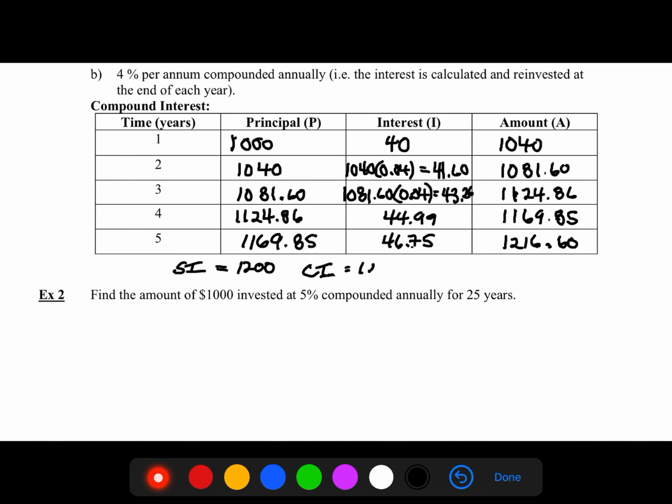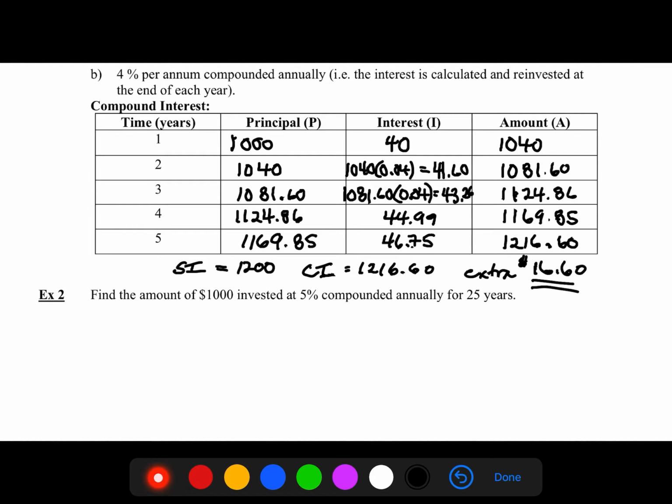Okay, so we can see that it's the exact same investment, $1,000. With simple interest, we had $1,200. With compound interest, we have $1,216.60. So we have an extra $16.60.